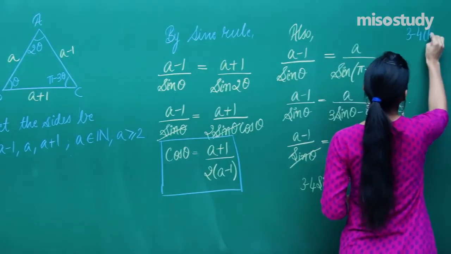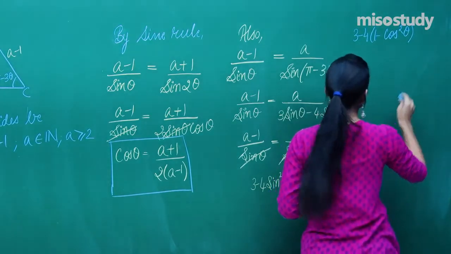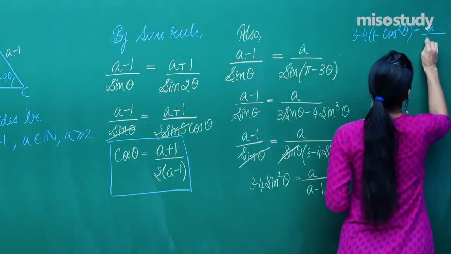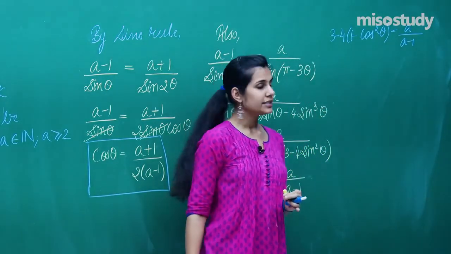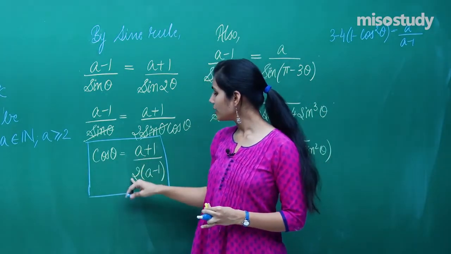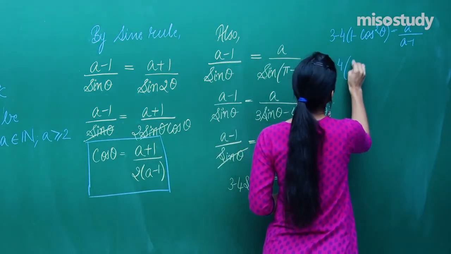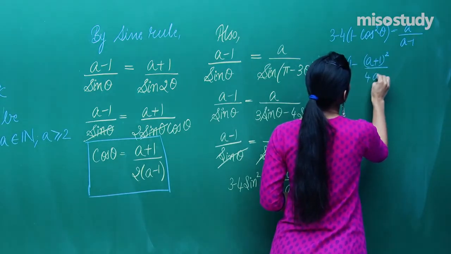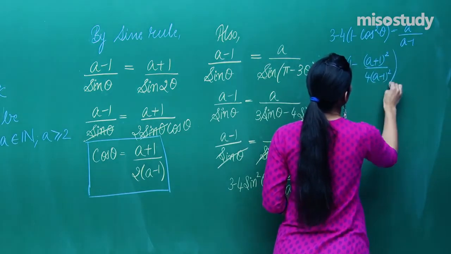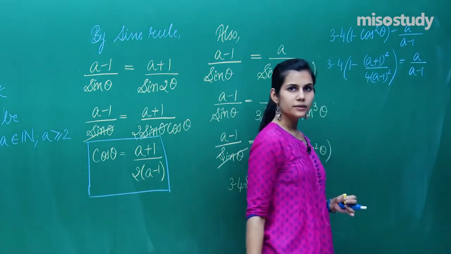3 minus 4 into 1 minus cos squared theta is equal to a upon a minus 1. What is cos theta? A plus 1 upon twice of a minus 1. So you get 3 minus 4 into 1 minus (a plus 1) whole square upon 4 (a minus 1) whole square equals a upon a minus 1.